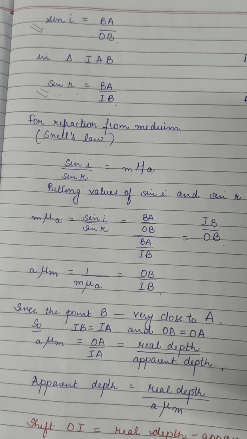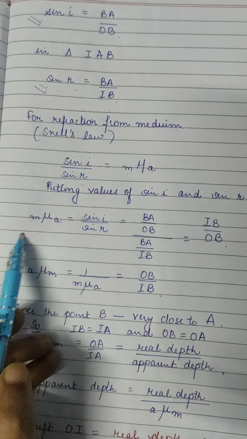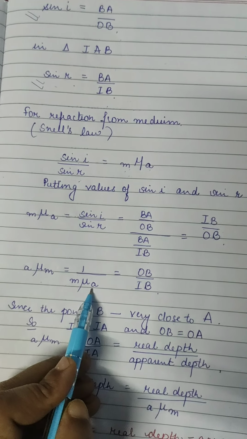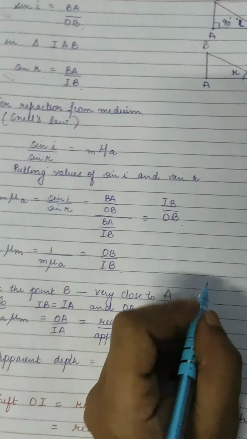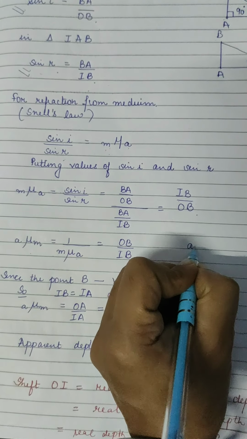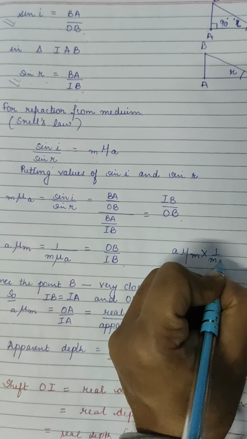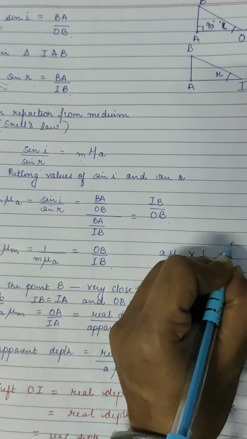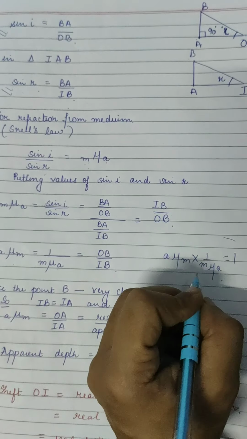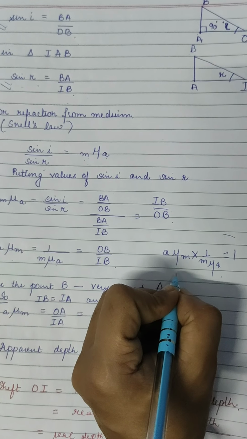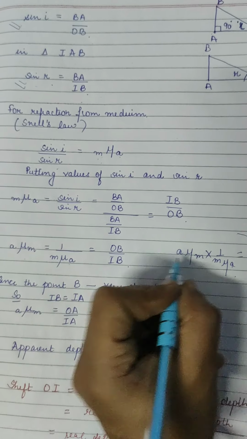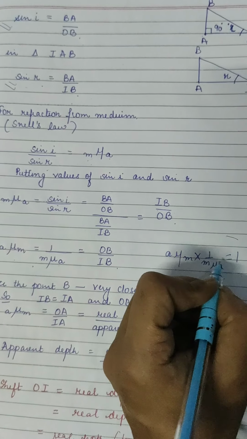Now one thing more, this can also be written in this form. We have done that previously, that a mu m into m mu a is equal to what? 1. Fine. So how we have written that? That it's multiplying.